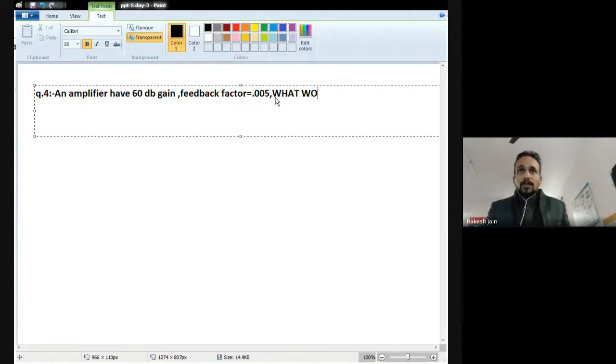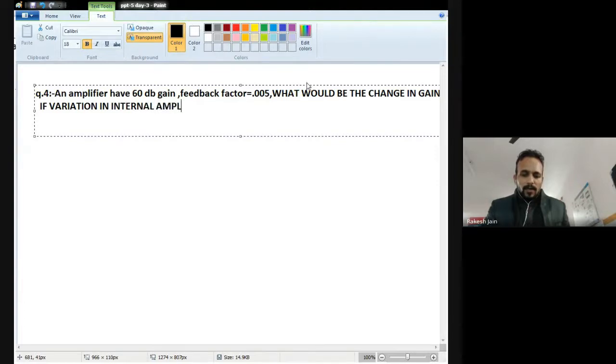So what would be the change in gain if the variation in internal amplifier gain reduces to 12%? Now see this question very carefully.